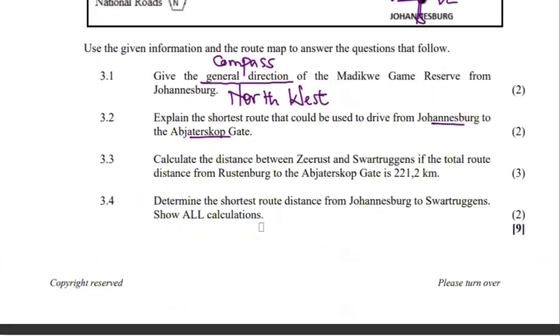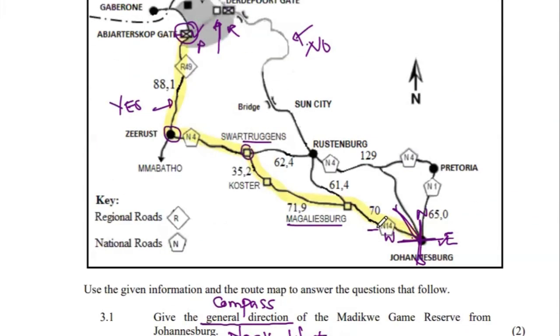All right, we look at the other question, which says, calculate the distance between Zurast and Rustenburg if the total route in distance from Rustenburg to Abuja Gate is this much. So let's identify where we are. What are we looking for?